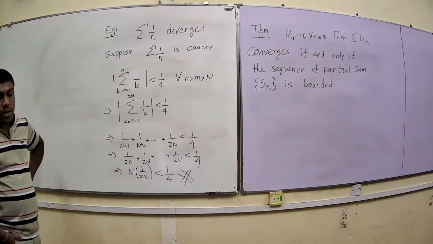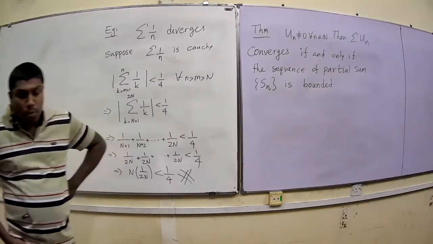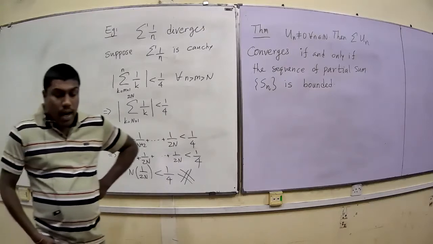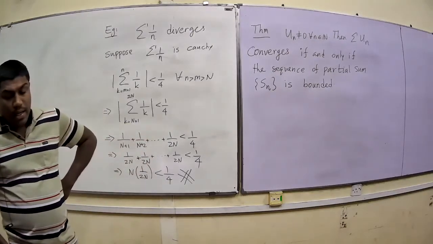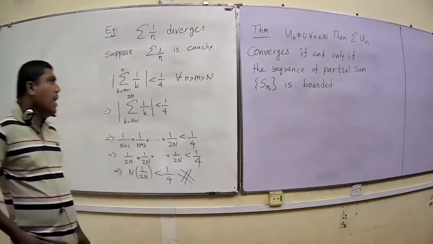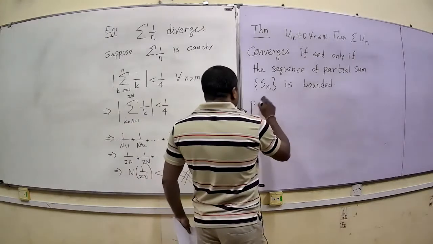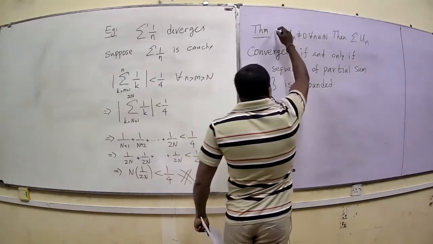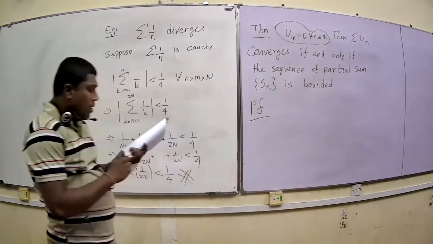Here all you need to do is make sure that the sequence of partial sums is monotone. If you do that, then you can clearly say that it is convergent, right? So that is not a big deal here, and that is why we gave this part extra.